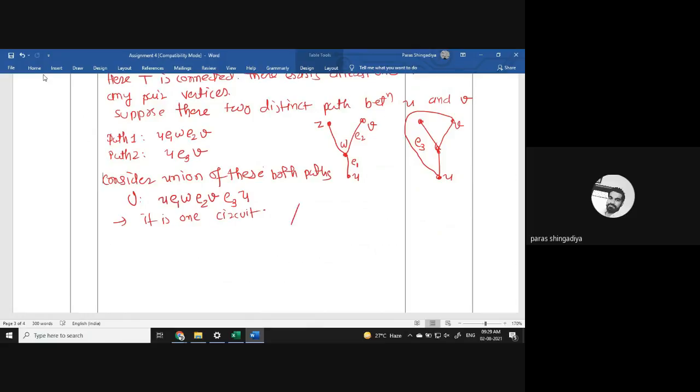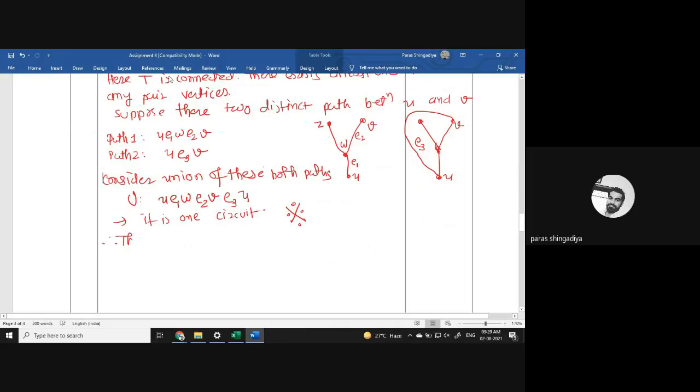Okay, so it contradicts our supposition. Which supposition? There are two distinct paths between U and V. That supposition is wrong. So what is right?